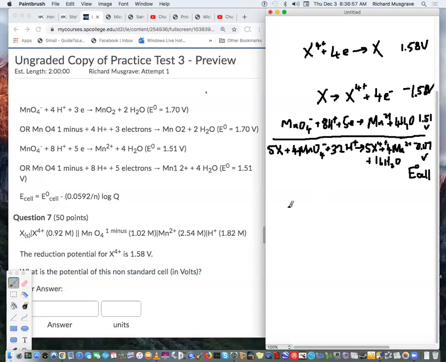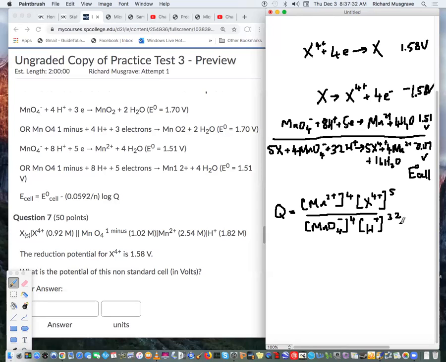So what we need here is the Q value, and the Q is going to be, in this case, Mn2 plus to the 4th, x4 plus to the 5th, over MnO4 minus to the 4th and H plus to the 32.